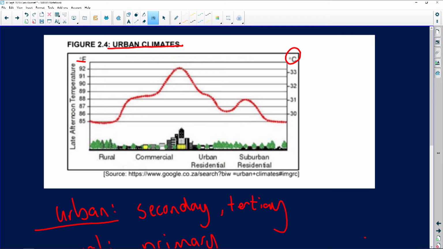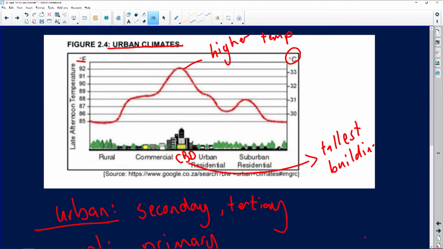Now, immediately, if you just look at this graph, we can see that the higher temperatures is being experienced over the urban areas. Because as you can see, that's a CBD right over there in the middle. How do I know it's a CBD? First of all, tallest buildings, and highest density.